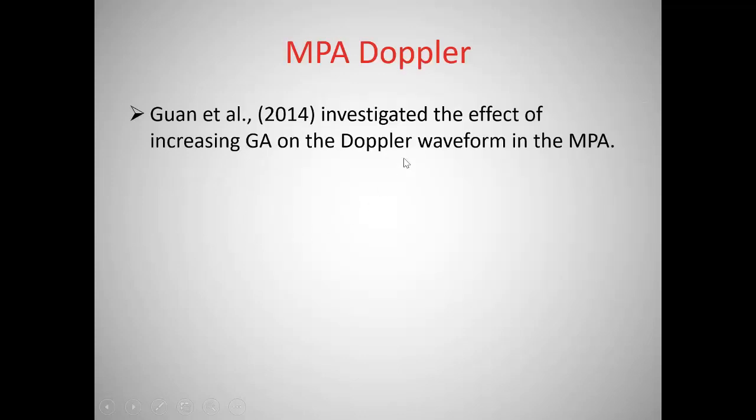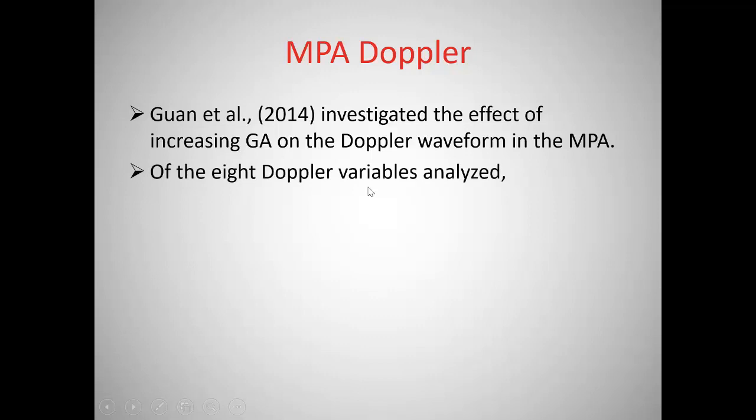Then came the main pulmonary artery Doppler, and this was investigated many times, to investigate the effect of increasing gestational age on the Doppler waveform in the main pulmonary artery.